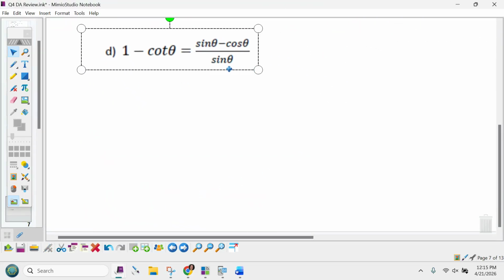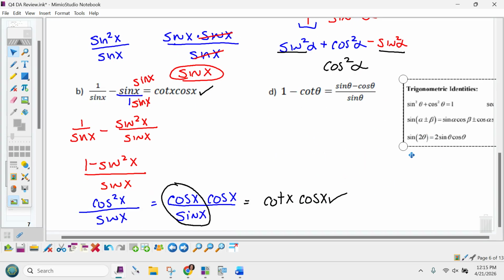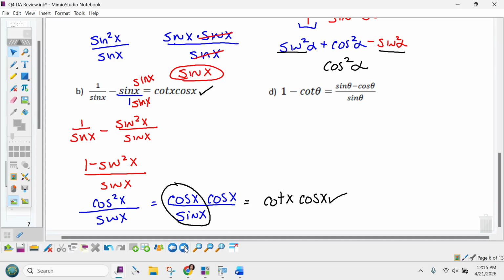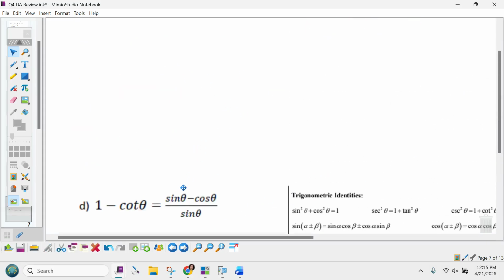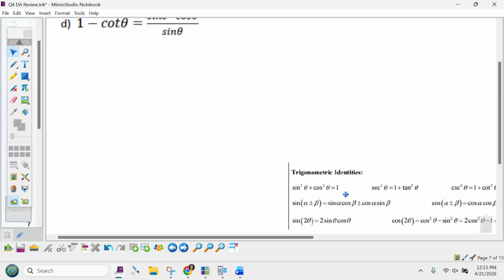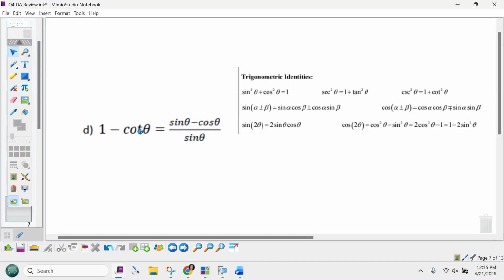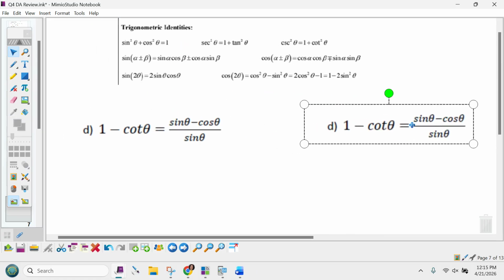All right, here we go for D. Needed a little more space. Okay. I can think of 2 ways to do this problem. I think I'm going to do both because why not?